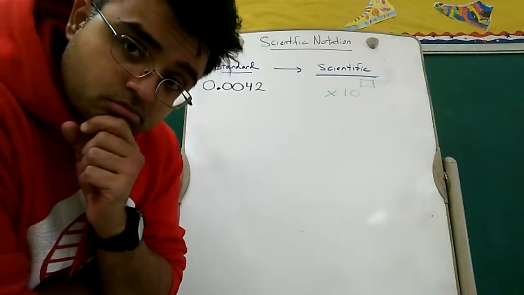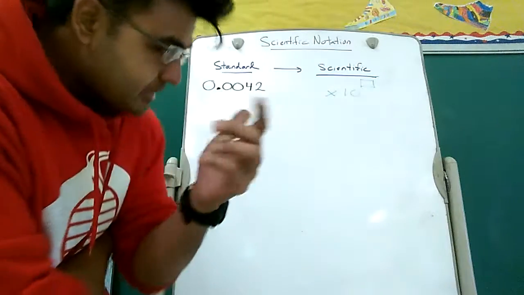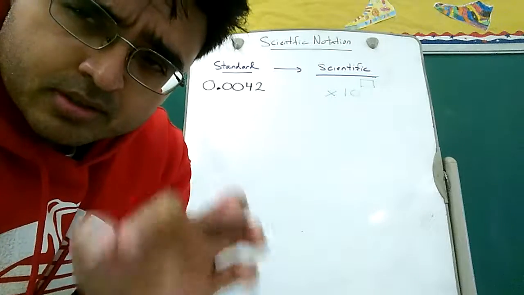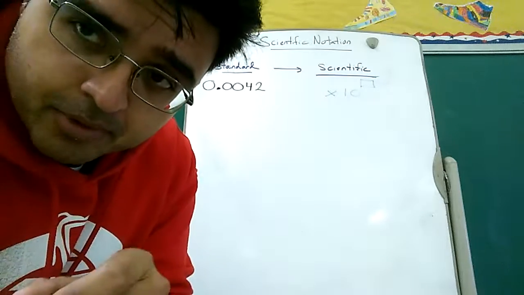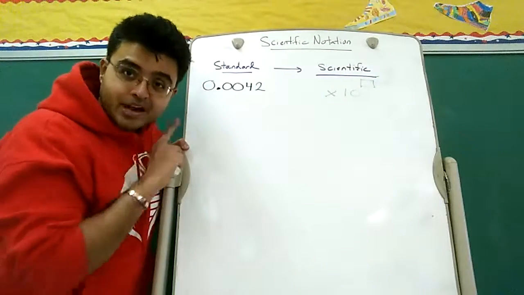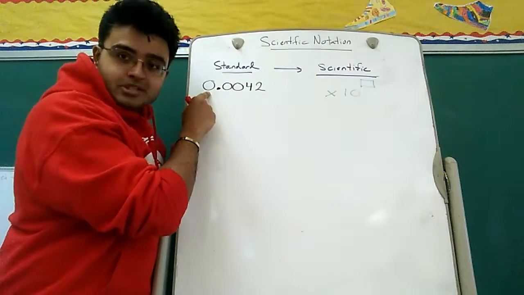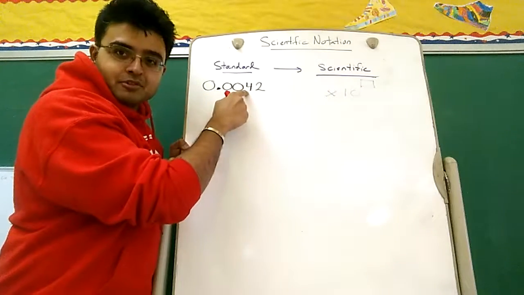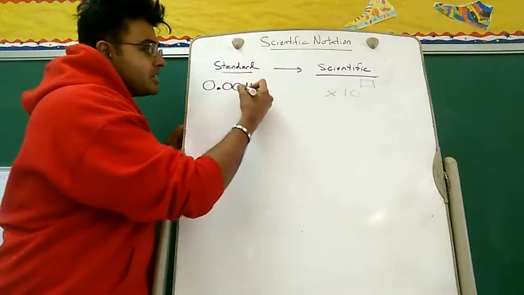Step number two. Just like before, the scientists will find out which number is the first number? Guess what? Zeros don't count. So this 0 doesn't count, this 0 doesn't count, this 0 doesn't count. So the very first number is the number 4.